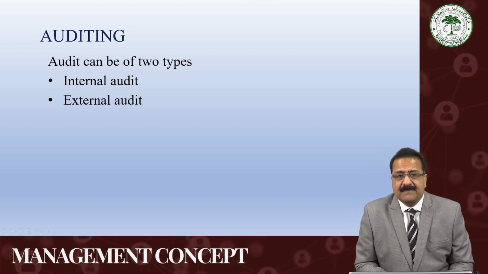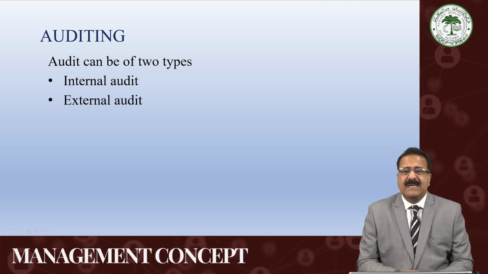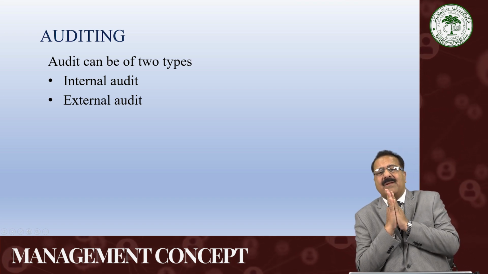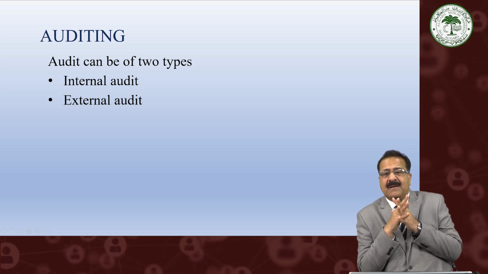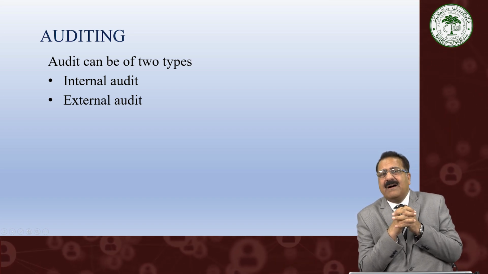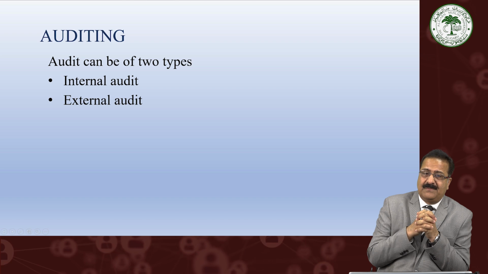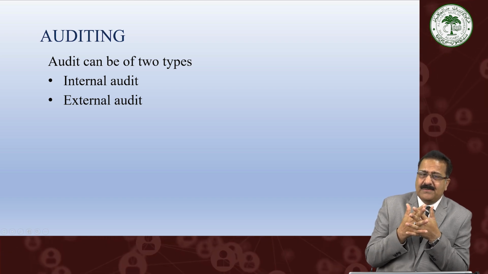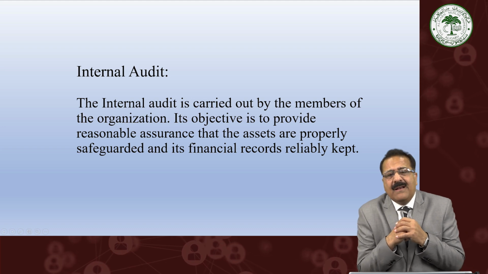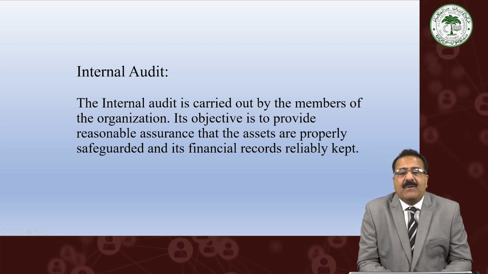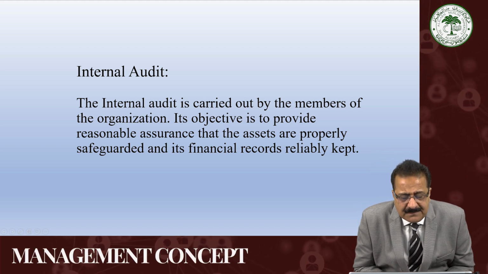Students, a cursory glance at one of the important aspects of control lies in auditing also. Audit can be of two types, internal audit and external audit. Internal audit, students, is carried out by the members of the organization.